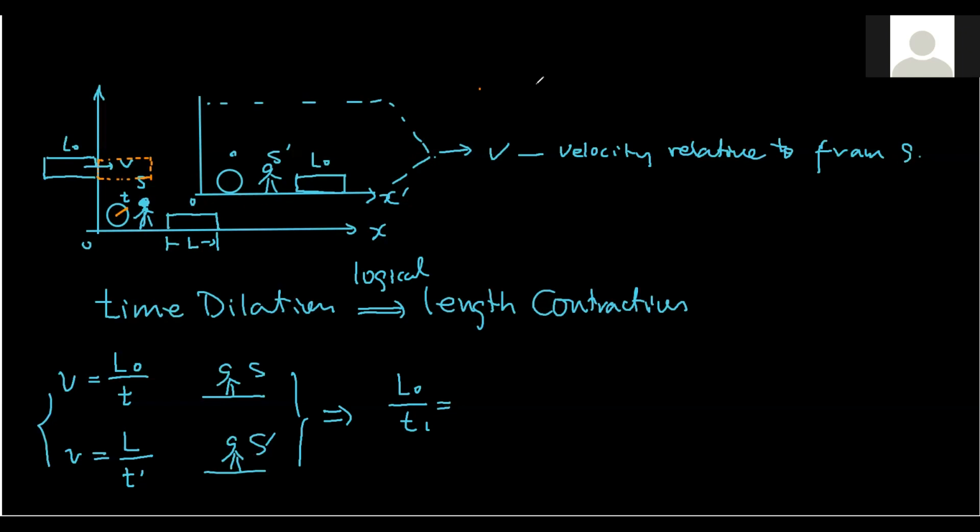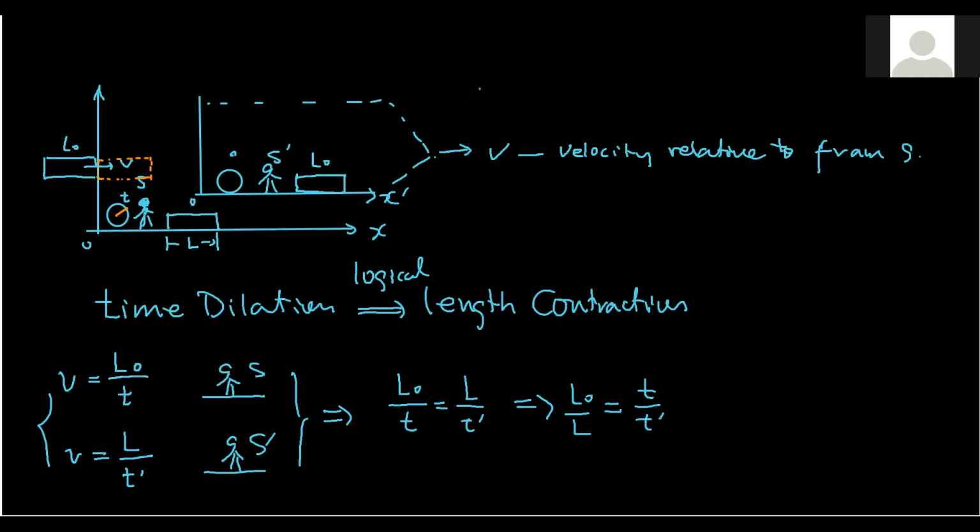From this fact, we can write L naught over T equals L over T prime. If you simplify, L naught divided by L equals T divided by T prime.